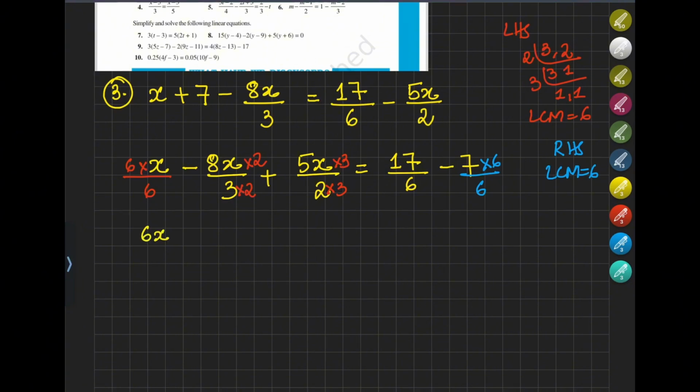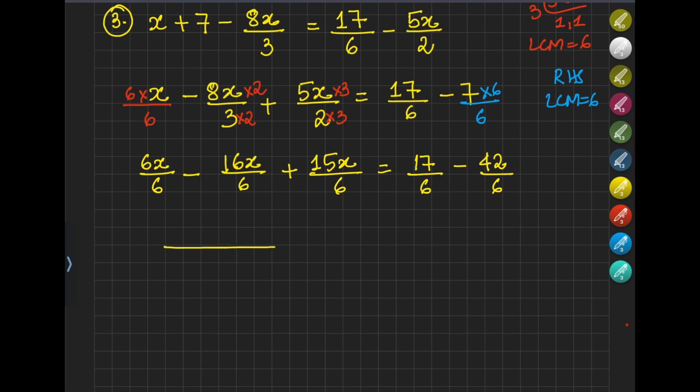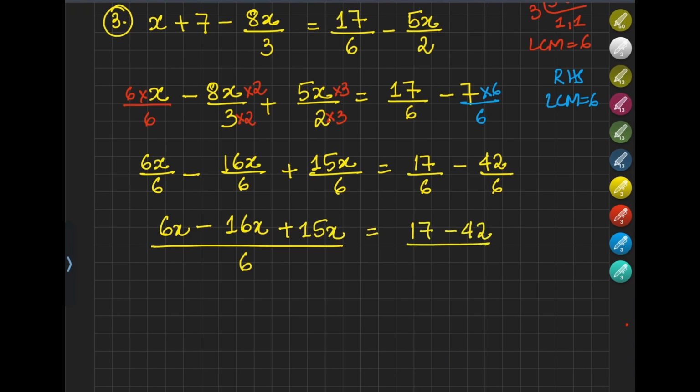So my fraction is 6x by 6 minus 16x by 6 plus 15x by 6 is equal to 17 by 6 minus 42 by 6. So we have 6x minus 16x plus 15x is equal to 17 minus 42 by 6.